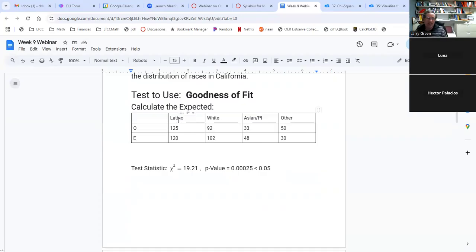You can't say it's because there's a whole lot fewer whites than you'd expect, or a whole lot more Latinos than you'd expect. Based on the chi-squared test, you cannot determine which race is way off. Does that make sense?